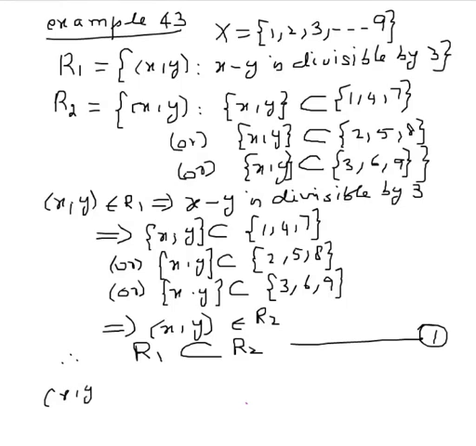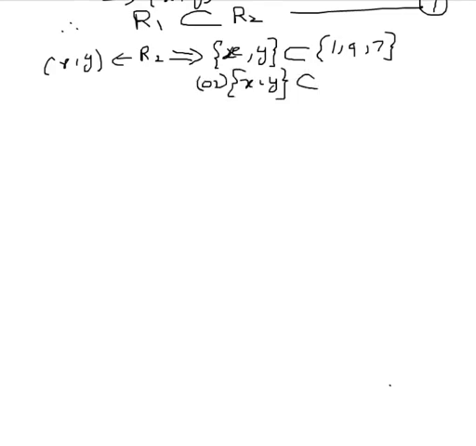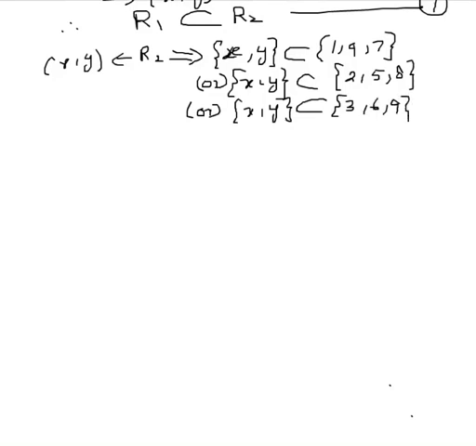Let us take an element (x, y) from the set R2, which implies the set {x, y} is a subset of {1, 4, 7}, or {x, y} is a subset of {2, 5, 8}, or the set {x, y} is a subset of {3, 6, 9}, which implies x minus y is divisible by 3, because if you take any two elements from these sets, the difference is divisible by 3.